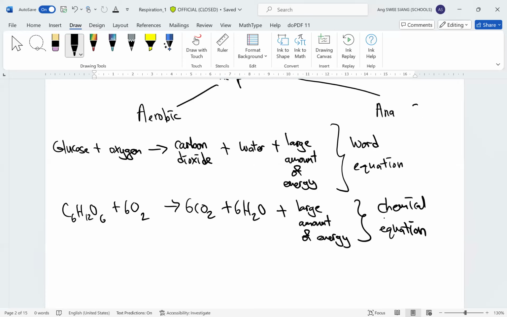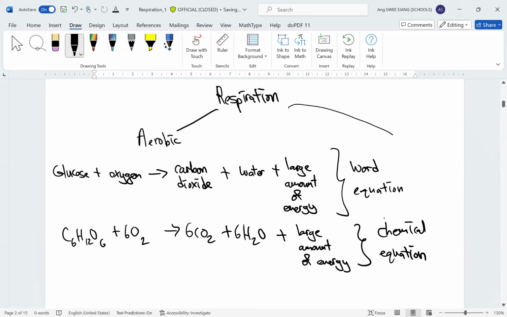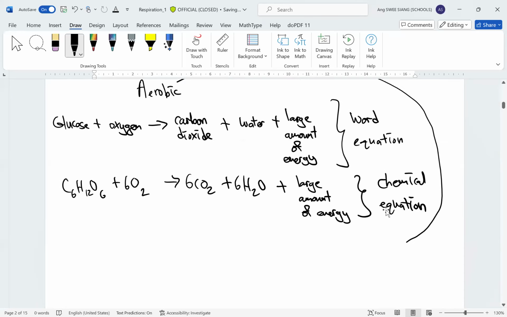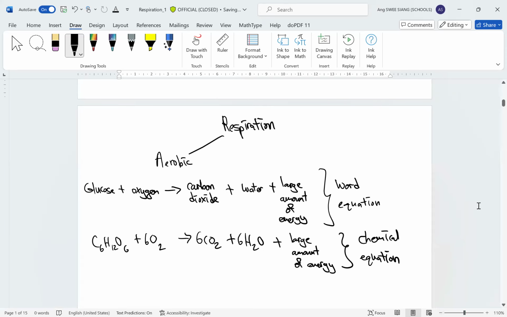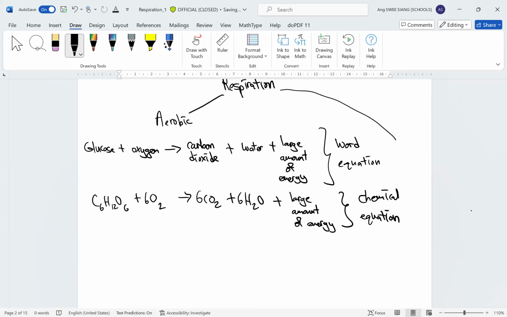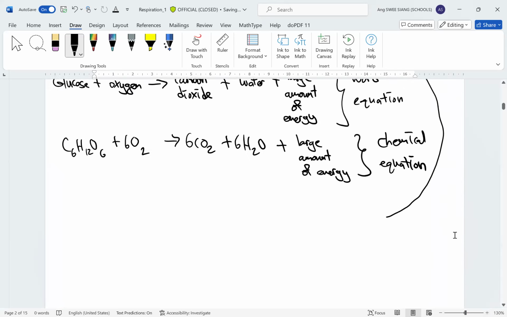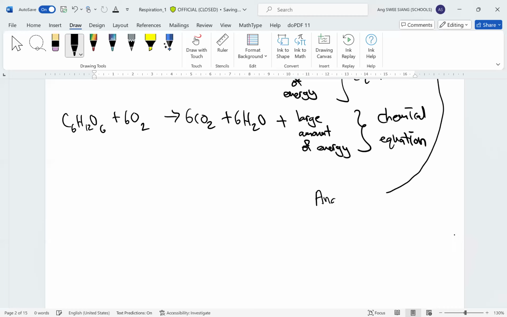Let's look at anaerobic respiration. Can someone tell me what is the equation for anaerobic respiration?